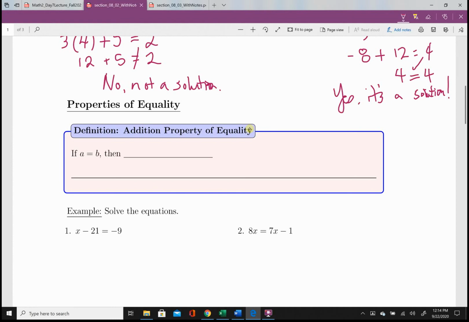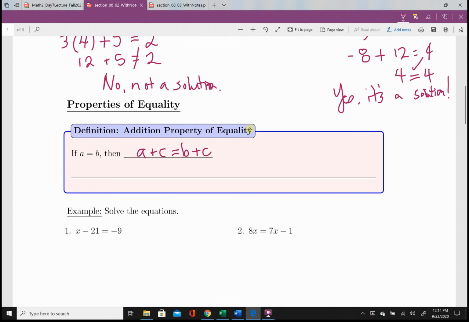So if A equals B, if we have a super fundamental equation there, you can take that and add the same value to both sides, and it would look something like this. A and B on opposite sides of the equation both have a value of C added to it, and that's fine. Balance is still maintained. According to the original equation, you have simply added a value of C to both sides, okay?